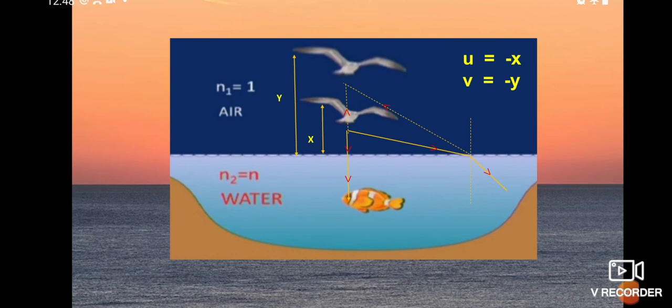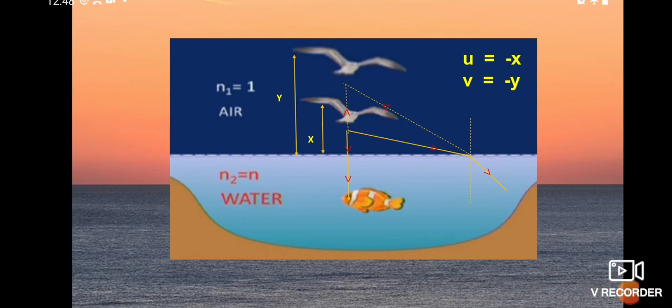At that point the fish sees the bird's image, that is a virtual image. Okay students, that distance is called y, and the actual position of the bird appearing to the fish is x. So in the first ray diagrams they are not going to meet, so we have extended the light rays in the opposite direction, means in the upward direction. At some point they meet, and that point is the virtual image of the bird.